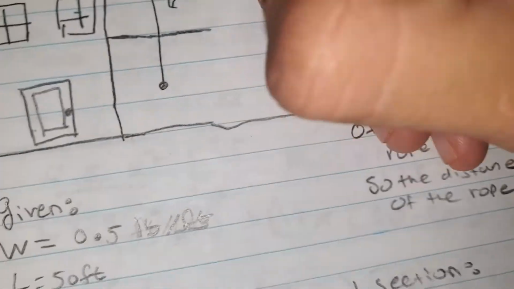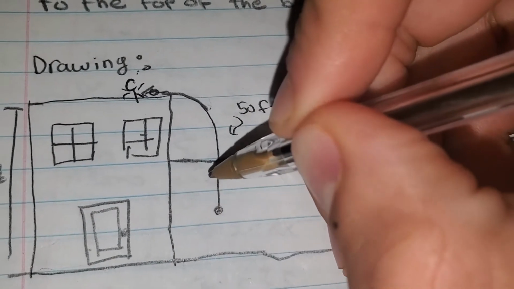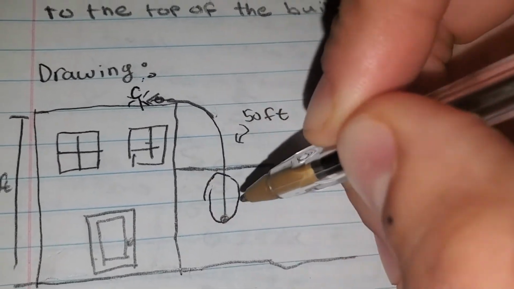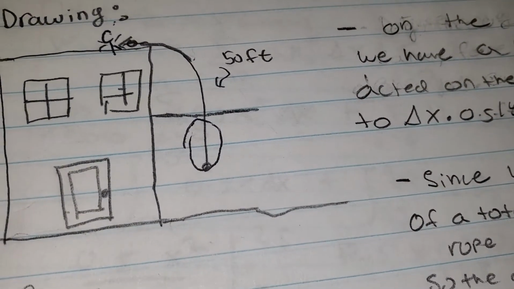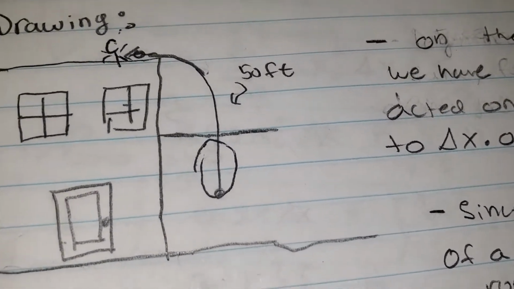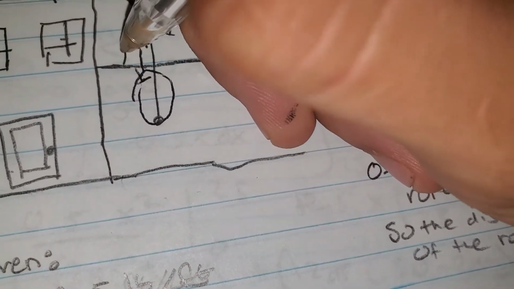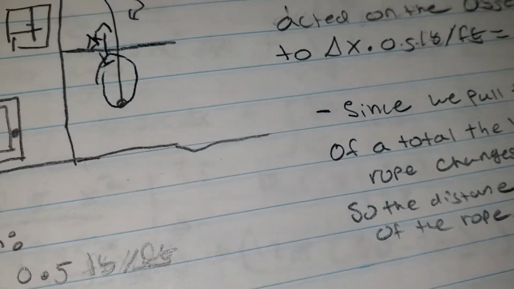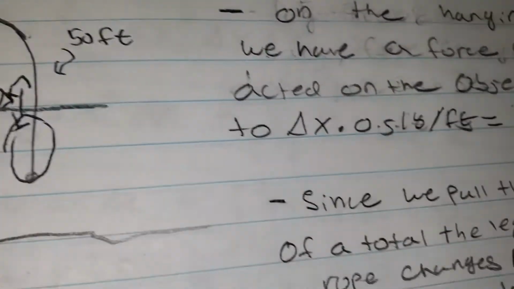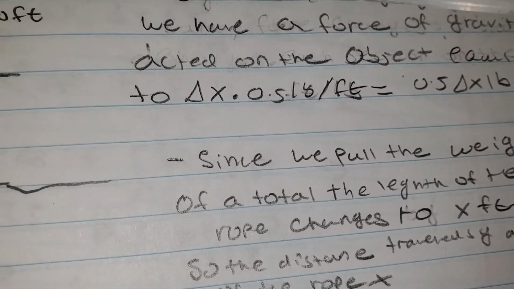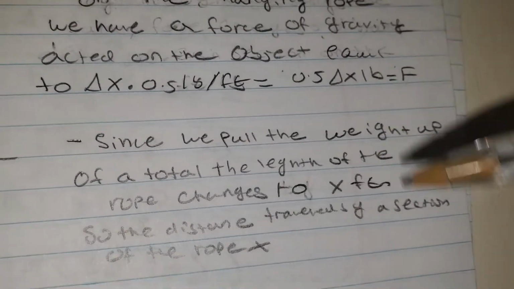If we take a segment, say this section of the rope, as we're pulling up, a section of it travels upwards a distance of delta x. So the force of gravity would be the weight times delta x, given as 0.5 delta x pounds.